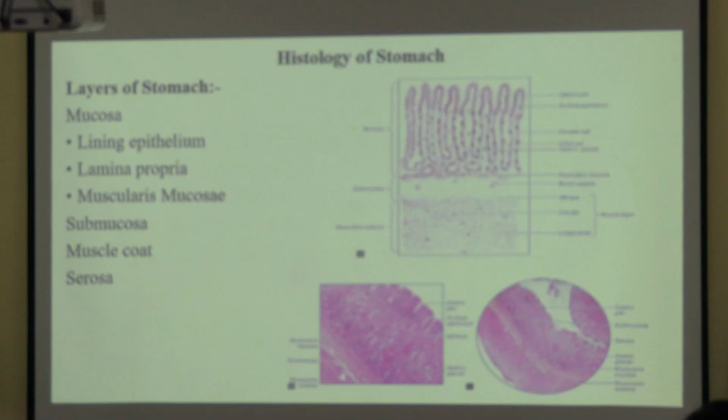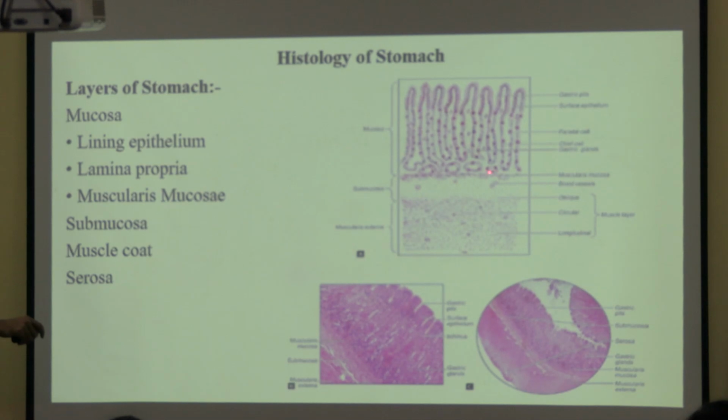So we know that in the mucosa, the last layer is the muscularis mucosae. So see, this is the muscularis mucosae. Now this entire part is the lamina propria, and the lamina propria is packed with gastric glands, from which the secretions are taking place. So these are some modifications which you can see.